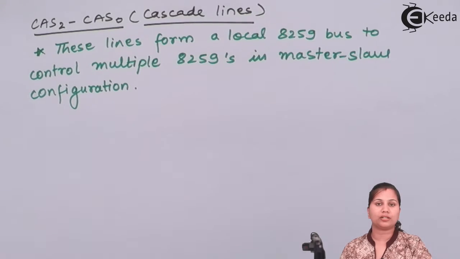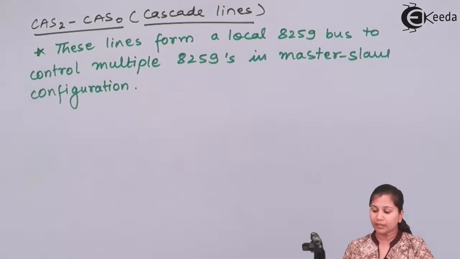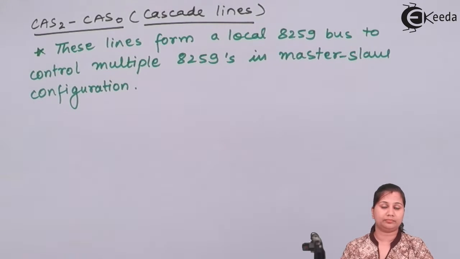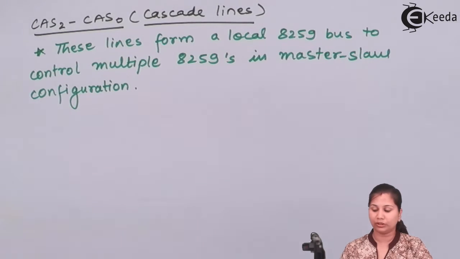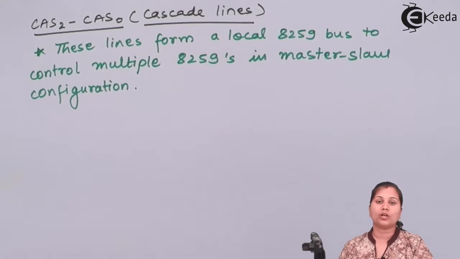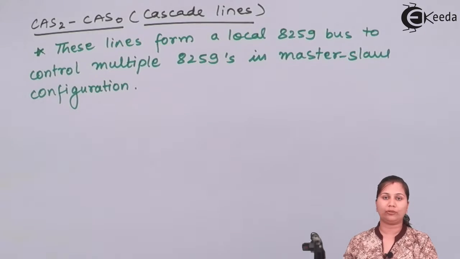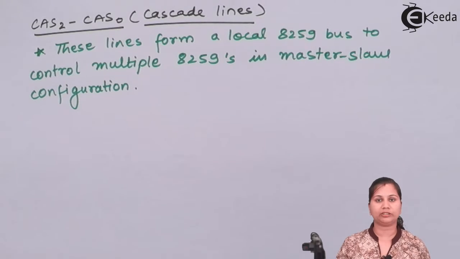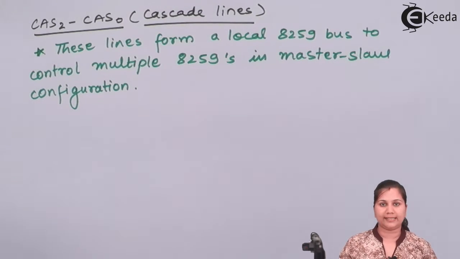In this configuration, if we want to transfer any data, status or control information, then these 3 lines act as a local bus, which is transferring the data to these ICs. Okay, so they are used whenever the 8259 is working in the cascade mode or in the master slave configuration, to transfer the data between the ICs.